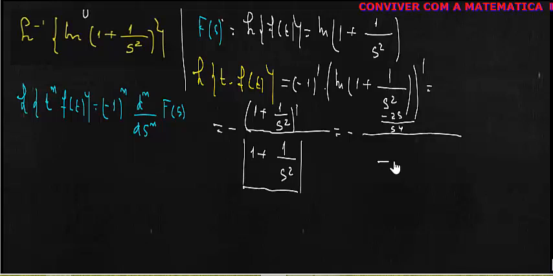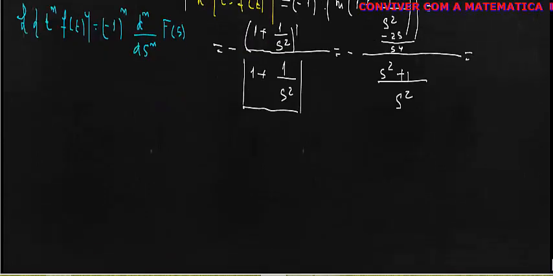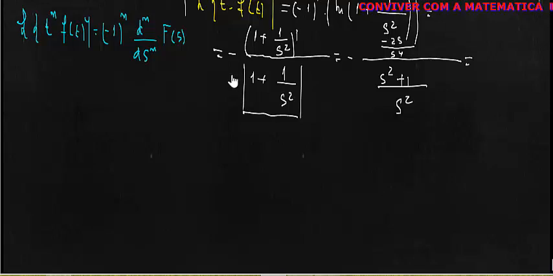So it will come s squared plus 1, okay? And now it is easier. I will get a simpler expression, because as you can see, minus times minus is plus, and I will get 2 times s to the third over s to the fourth times s squared plus 1, okay?